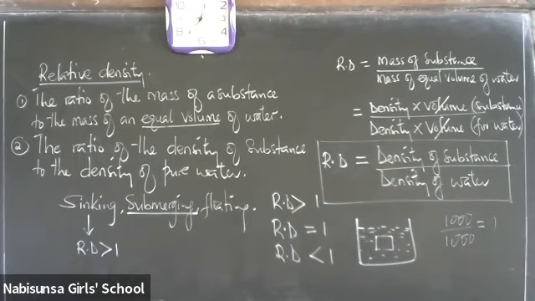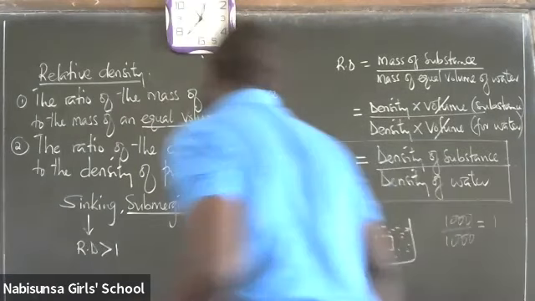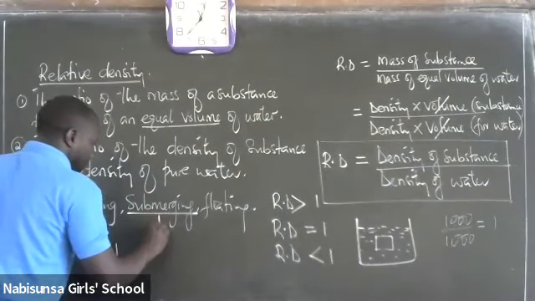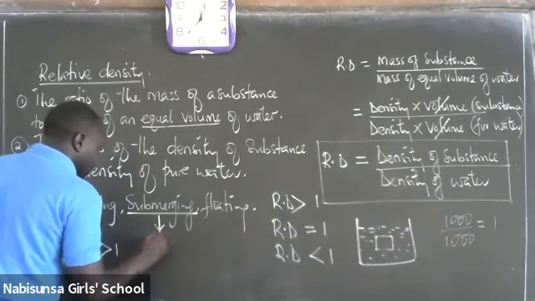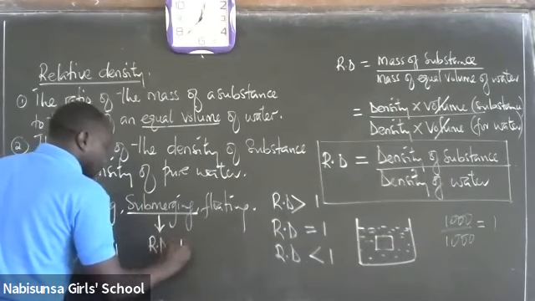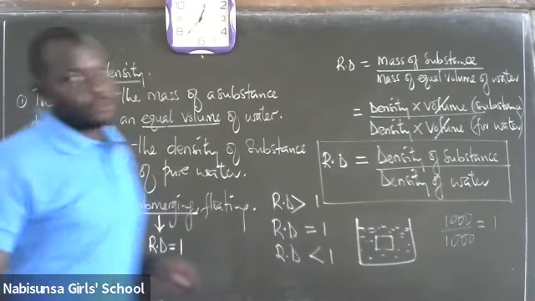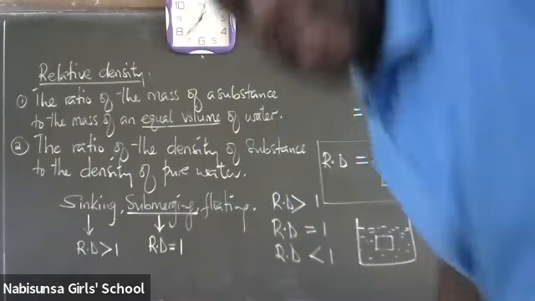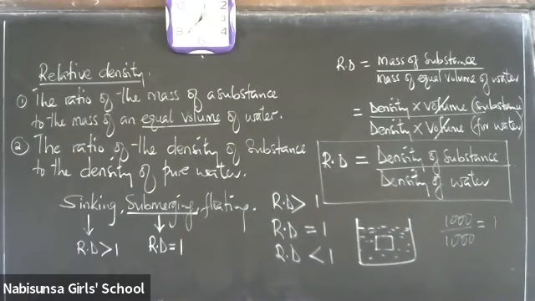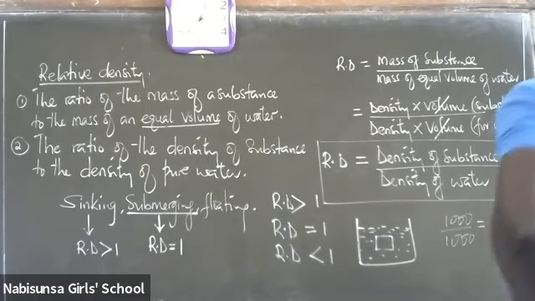Then, what will be the condition for the relative density to be less than 1? When the density is less than that of water. When the density of the substance is less than that of water, take an example.